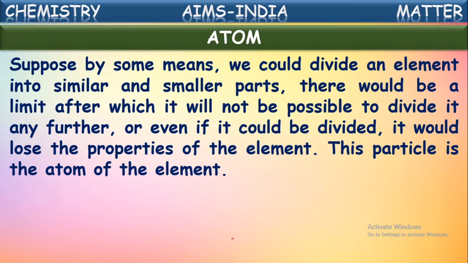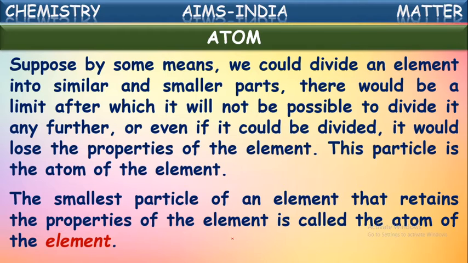That smallest particle, which represents the properties of the element, is called the atom of that element. This is a definition: the smallest particle of an element which retains the properties of that element is called an atom.